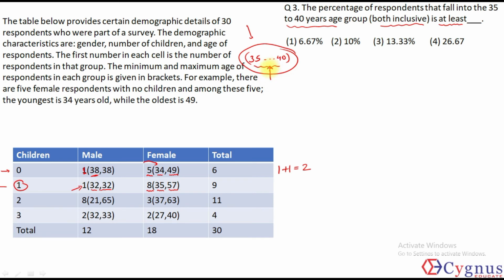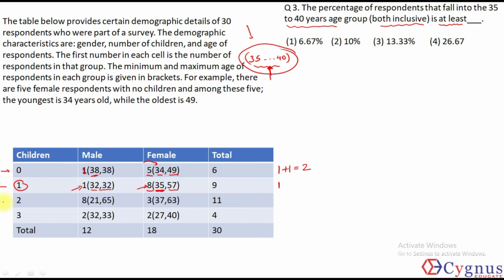No. You want to minimize the number of people who belong to this category. But at least one person will be 35 years old. So out of these 8 people, one person is 35 years old and the remaining 7 are more than 40 years old, so that only one female belongs to this category. So out of these 8 people, I'll take only one female.